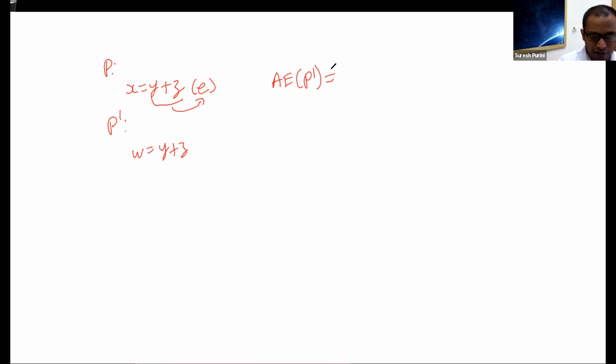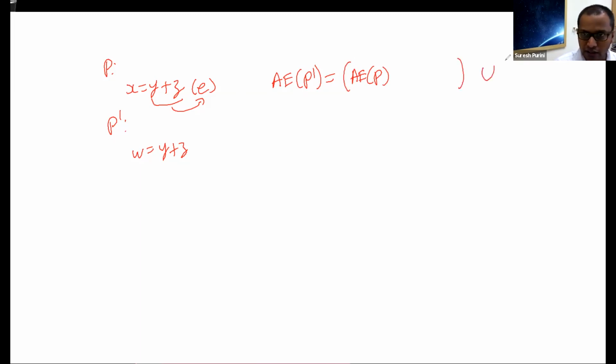Anyways, so the set of expressions that are available at the program point P prime is equal to the set of expressions that are available at P. Look at all the expressions that are available at P. So we will visit this, so let's put it here.